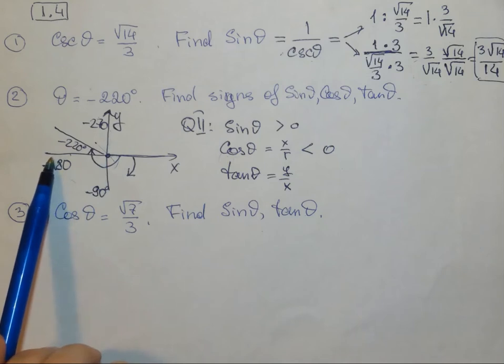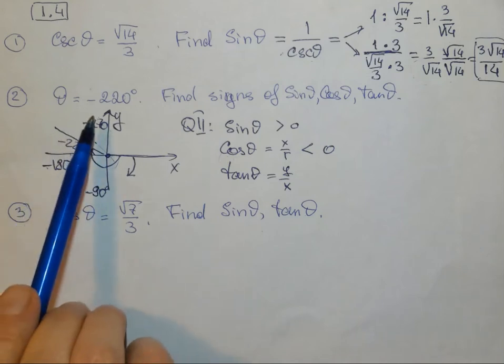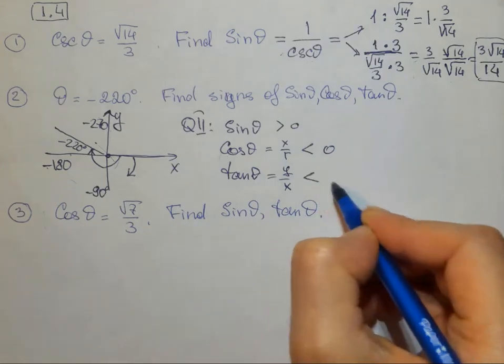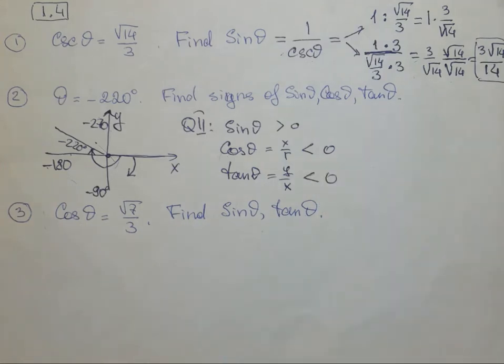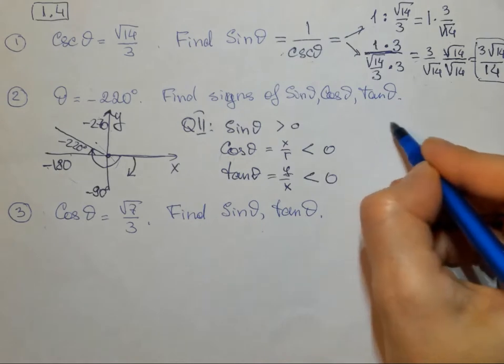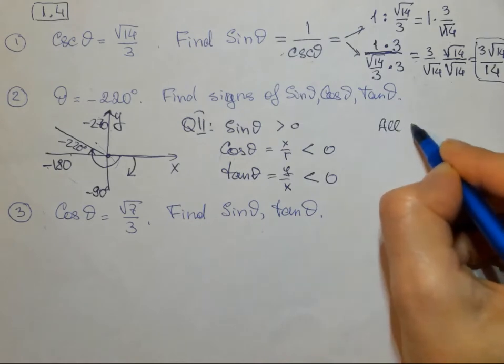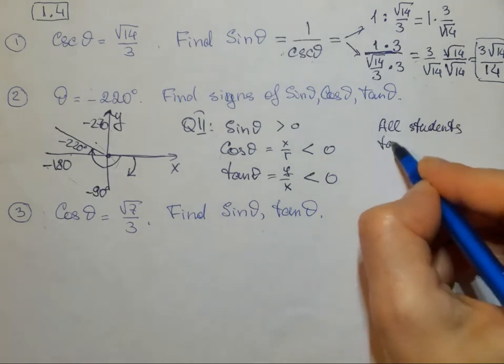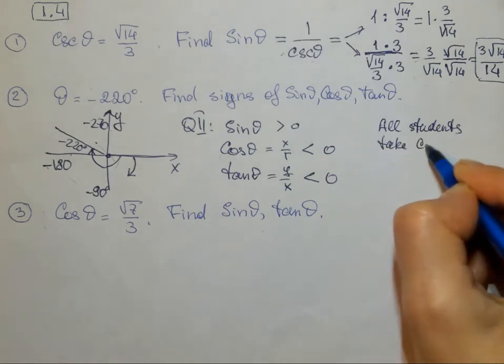X is negative, so positive divided by negative, we will have negative tangent. So you can also use another rule. Maybe you know this: All Students Take Calculus.